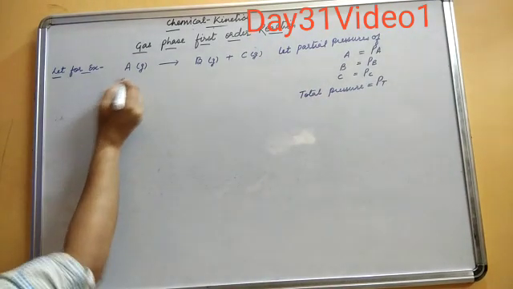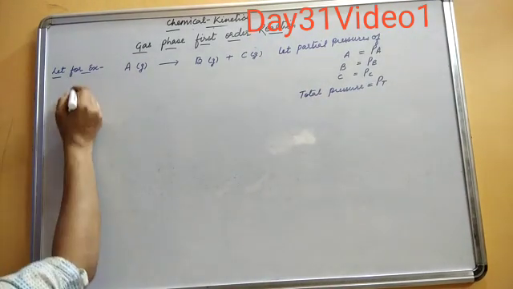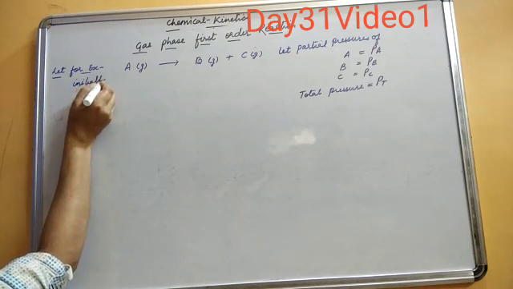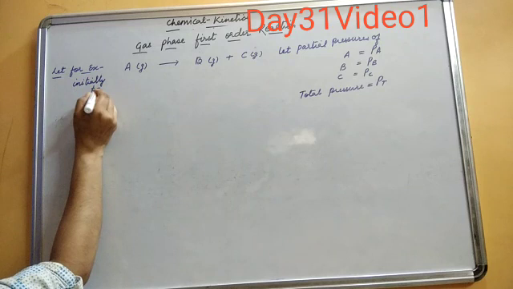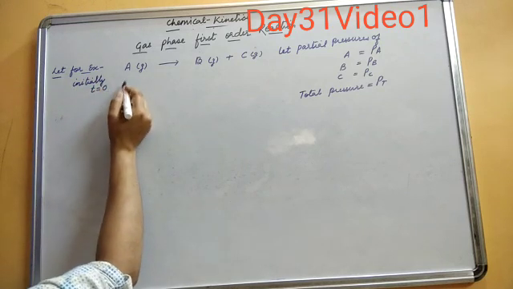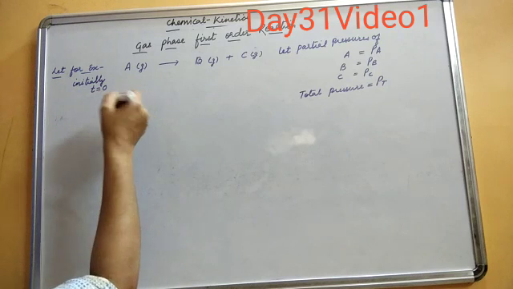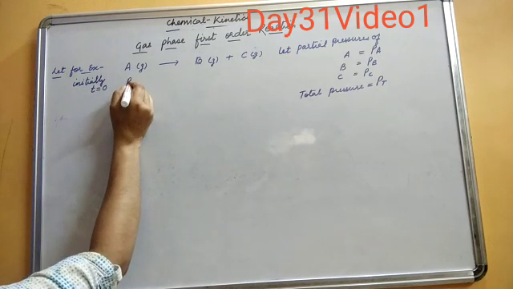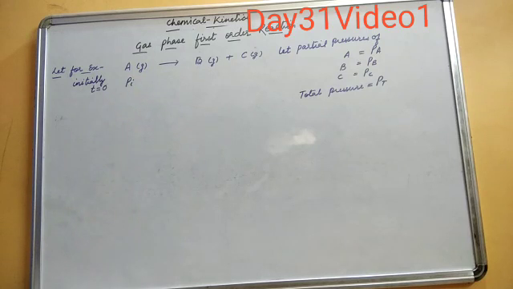Now if we see here, when the reaction starts, then initially at time T0, let the concentration of A, which we have to take here in terms of pressure, be P initial, Pi.